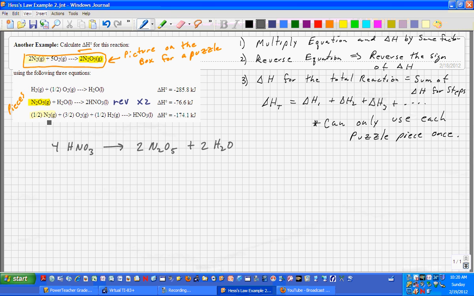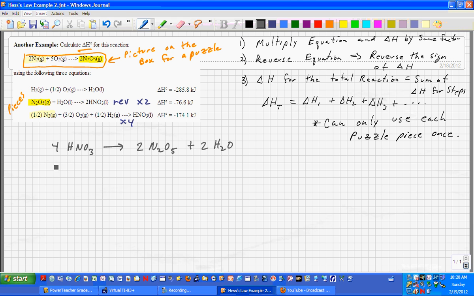The only difference is that this is a half and this is 2, so I need to multiply this by something to get to 2, and that's going to be 4. So times 4. So let me go ahead and do that then. I don't have to reverse this because this is on the left side and this is also on the left side. So let me go ahead and multiply by 4.